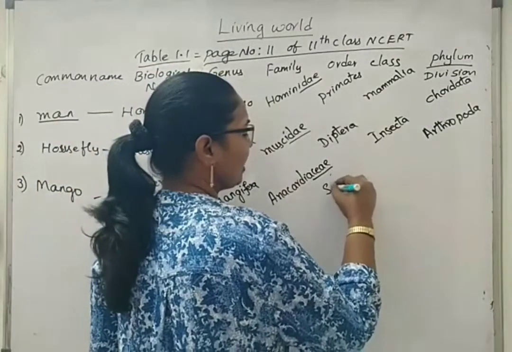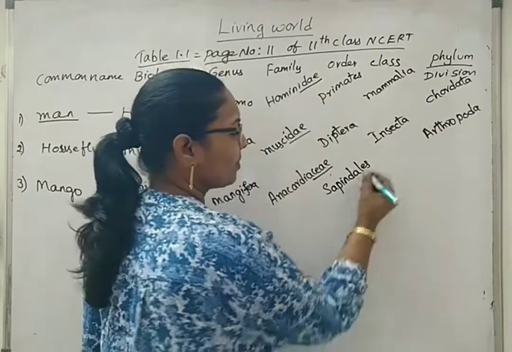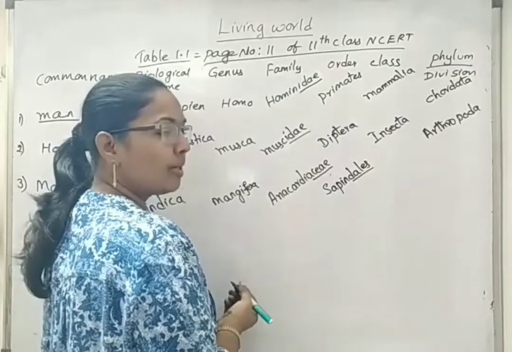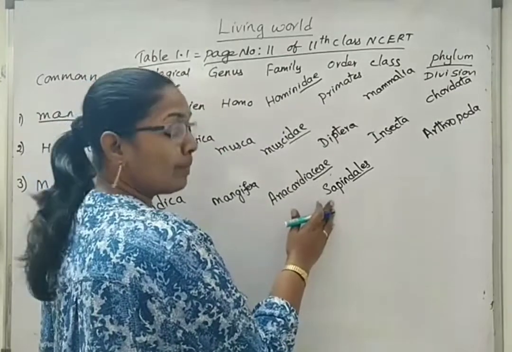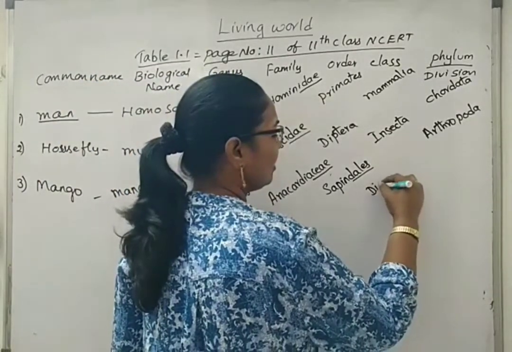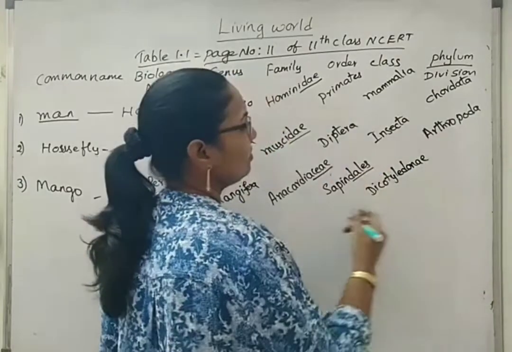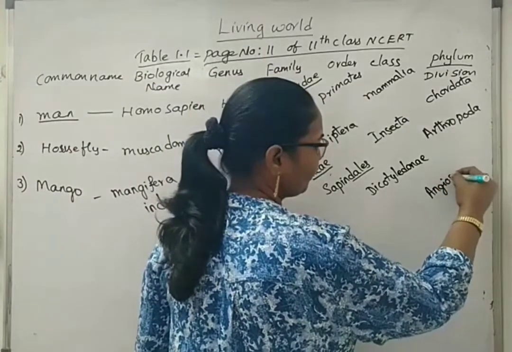Under order it comes under Sapindales. Here ALES is common for the order of plants. Next, under class it is learnt under Dicotyledonae. Under phylum it is read under Angiosperms.